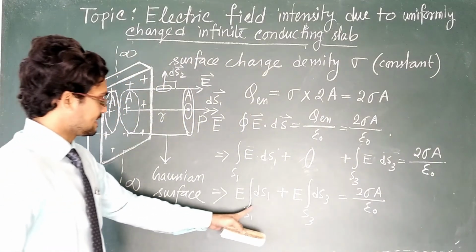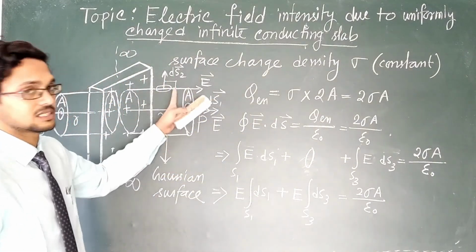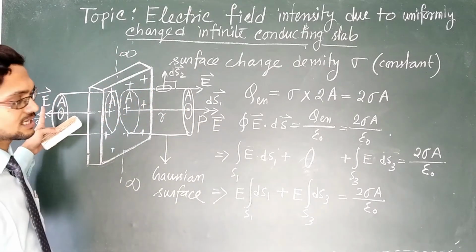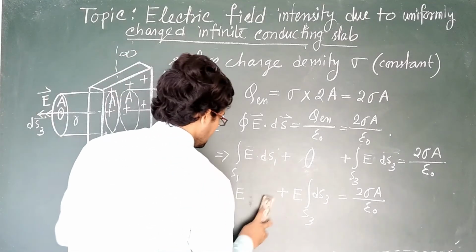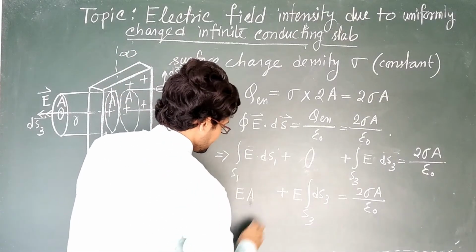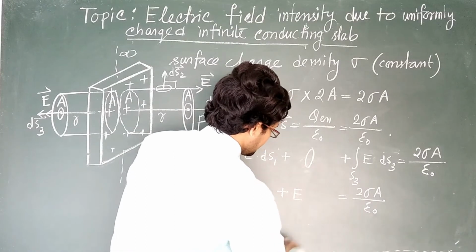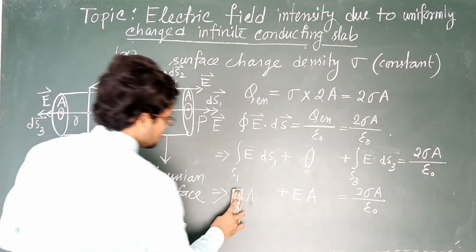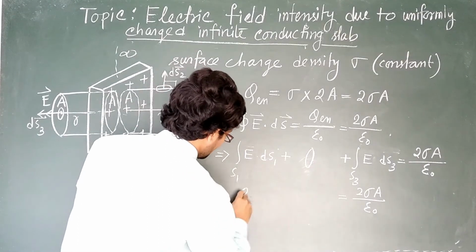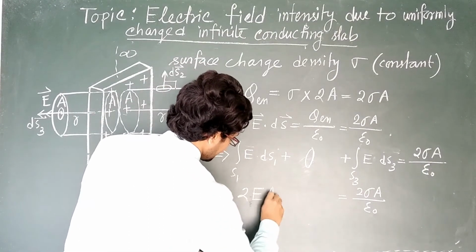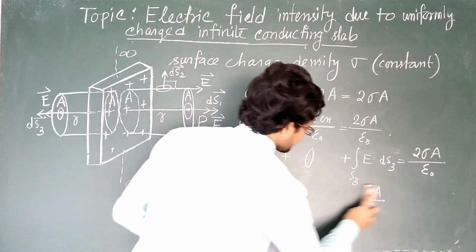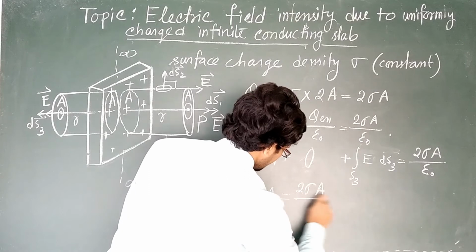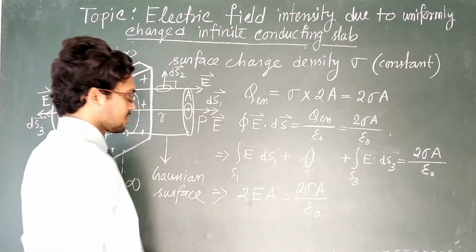Integration ds1 means the total surface area of this flat surface, and integration ds3 means the total surface area of this flat surface. So this will be A, and this will also be A, so total will be 2EA. So 2EA equal to 2 sigma A by epsilon 0.